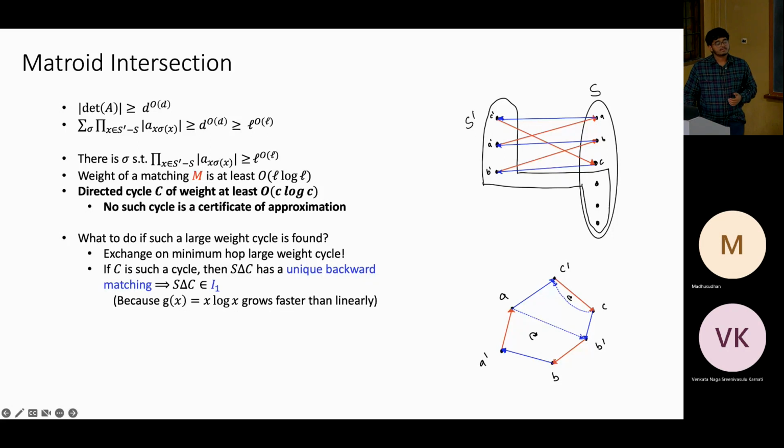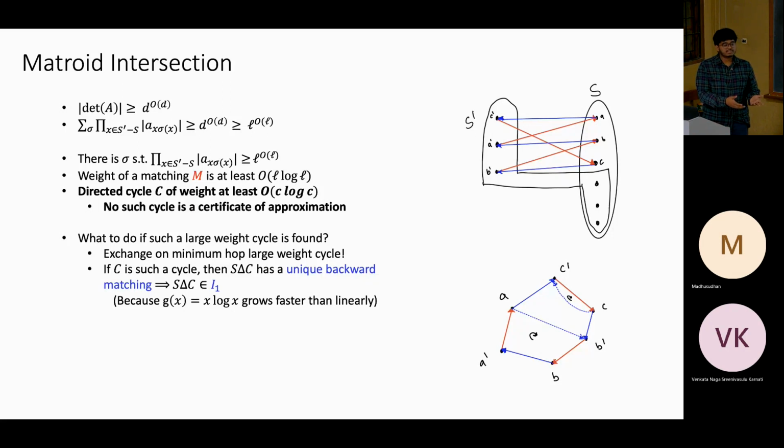Is it both positive and negative weights on the cycle? How do you find the minimal large weight cycle? I see, right. How do I find if a cycle has more than C log C? We can find it, because let's say I start by trying to see if there is a size 2 large cycle, then a size 3 large cycle.